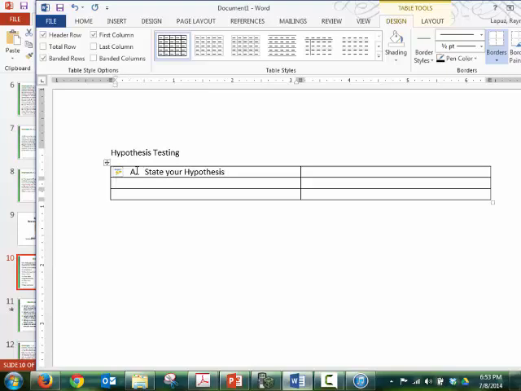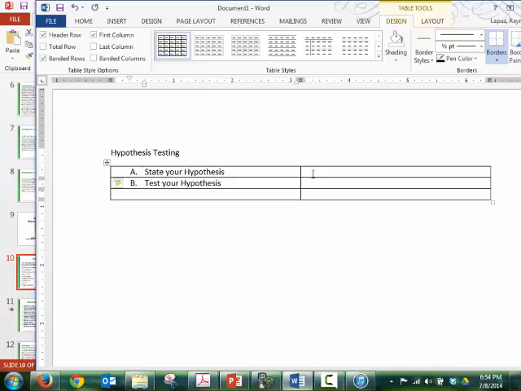The first is to state your hypothesis. And identifying your hypothesis in itself is going to be a little tricky. In stating your hypothesis, we're going to break that down into about three steps. So that's what I'm going to use the second column for.